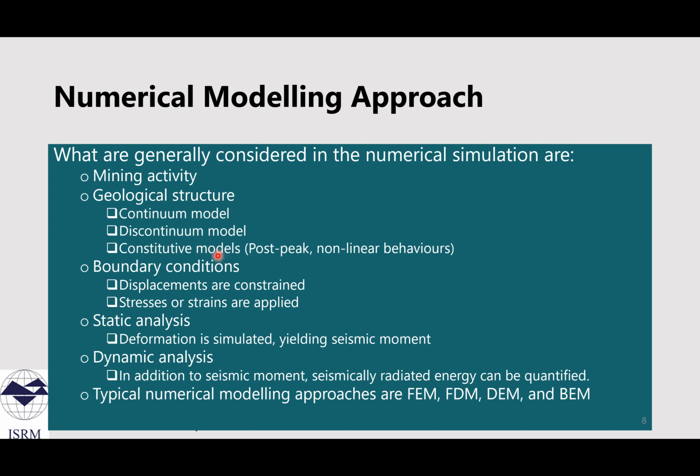Also, as for the discontinuity, we need to consider heterogeneity of roughness, degree of interlocking, fracture density, length, and orientation. In addition, we may need to consider the degree of weathering and underground water.